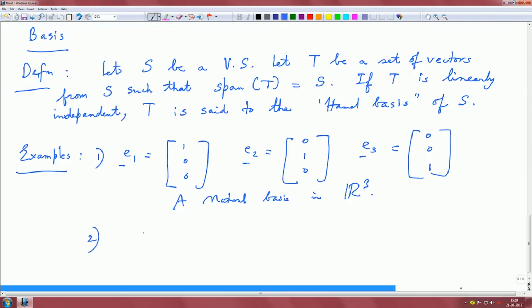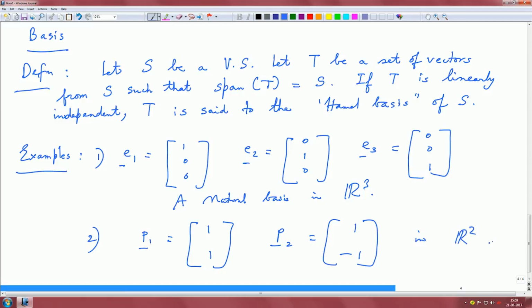And you can have 1 1 and 1 minus 1 as the basis in R2. You can also have 0 1 and 1 0. I am writing it slightly differently, but we will see through these connections. You can have possibly infinite set of such bases. Okay.